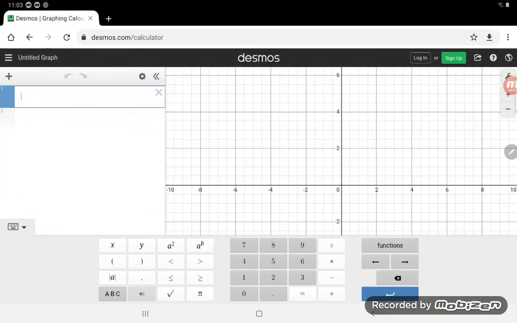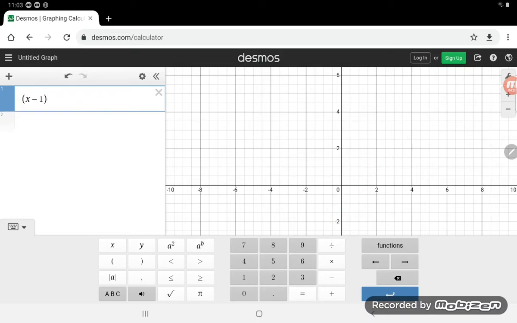And in Desmos, I hadn't plotted it yet, so I'm going to kind of cut right to the chase, I guess. So I'm going to do x minus 1. And I probably need to put parentheses around that.